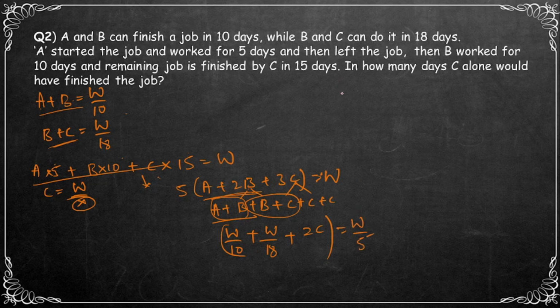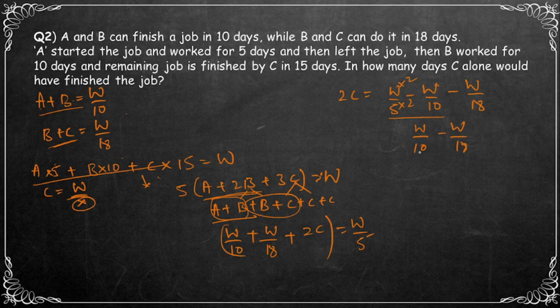Now we say 2C is equal to W by 5 minus W by 10 minus W by 18. Now if we consider these two terms, we need denominator same. So we multiply by 2. 2W minus W is W. So that whole thing is W by 10 minus W by 18.